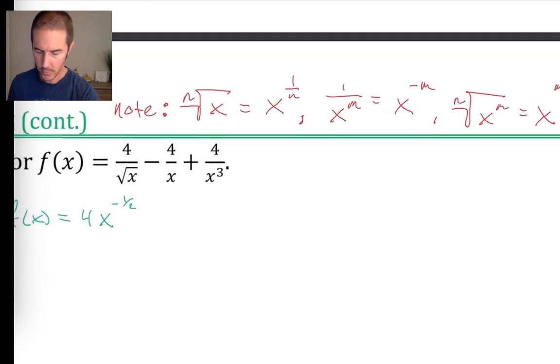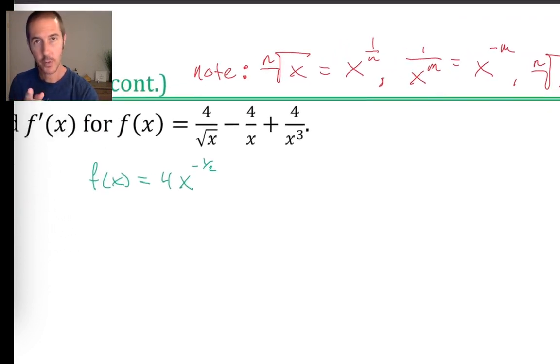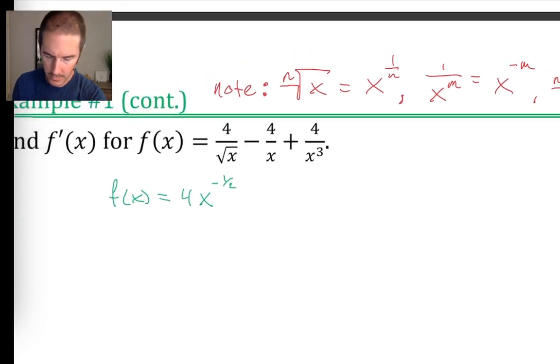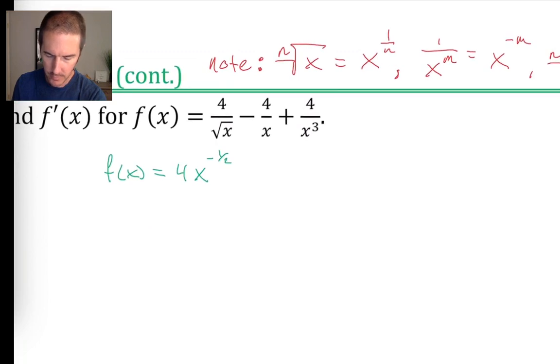Alright, so using those 3 topics, which you're supposed to know coming into this course, I'm holding you to it, allows me to change this division by x, the square root of x, to x to the negative 1/2 power, minus 4 times x to the negative 1, plus 4 times x to the negative 3.